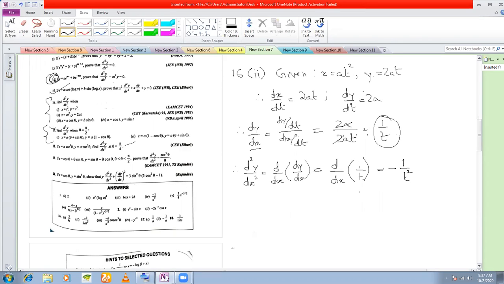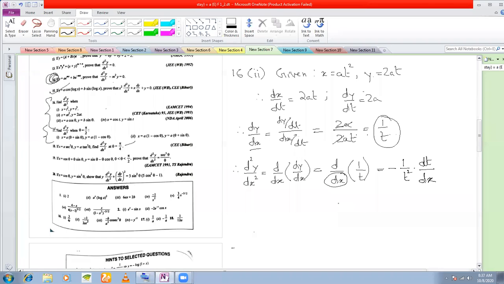Yes, sir. Govinda, right or wrong? Yes, sir. Since you have differentiated with respect to t, after differentiation with respect to t, you multiply this with dt dx. Understood?